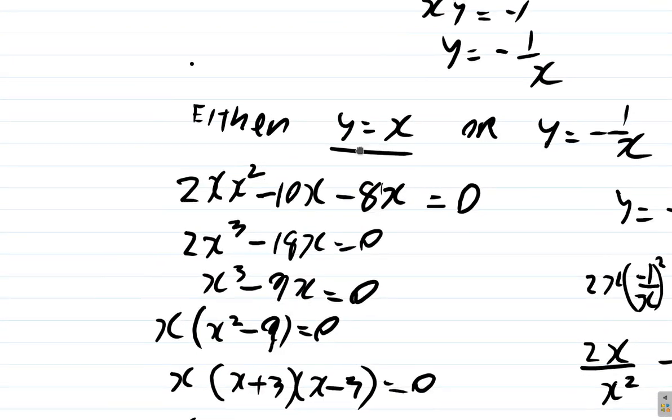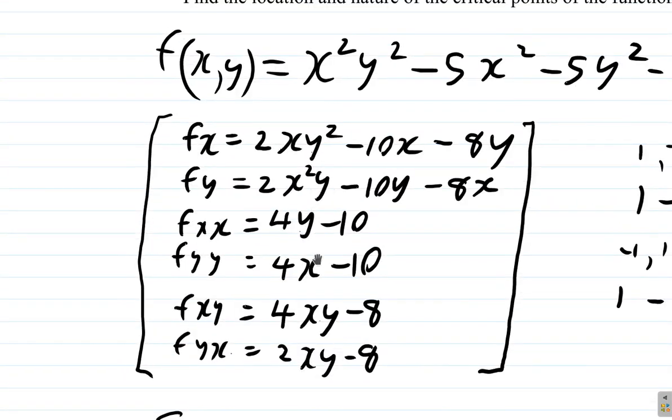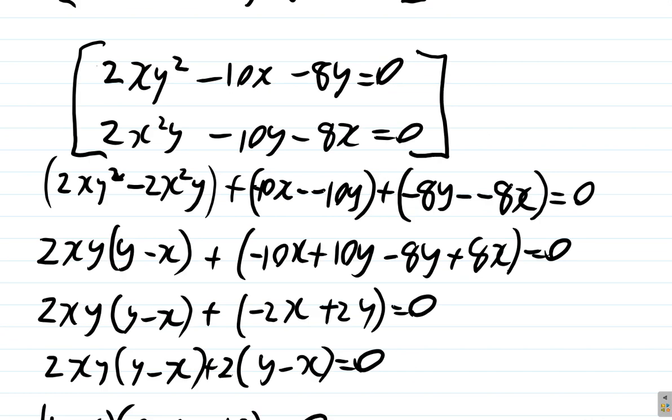When x is 0 and y is 0, fyy would be 4 times 0 minus 10, which is also negative 10.